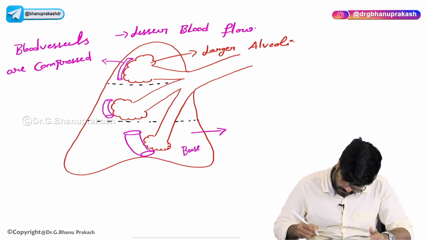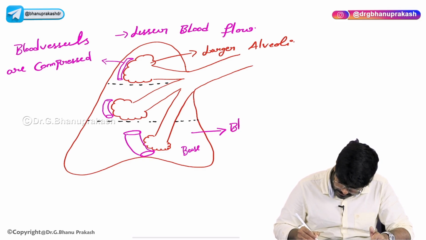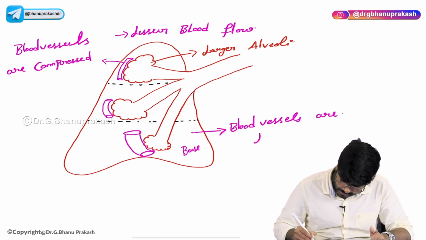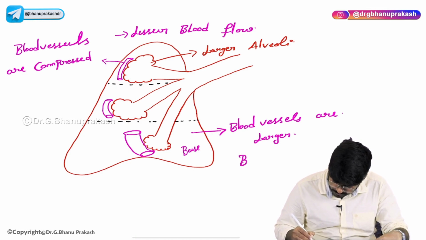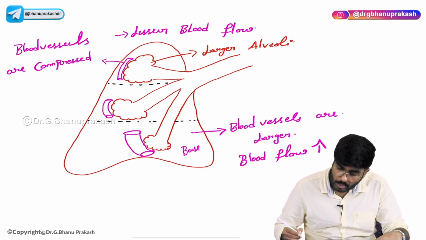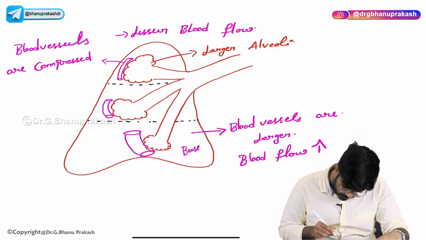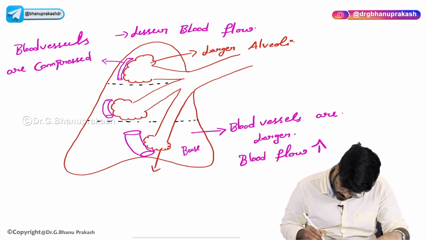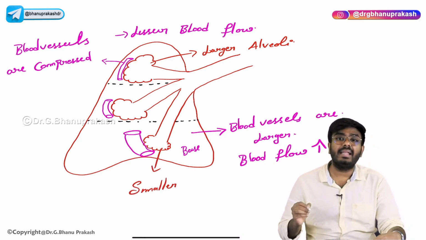Okay, in the base of the lung, blood vessels are larger. So, blood flow is more. And what about the alveoli? The alveoli are smaller. Okay, they are made like that.